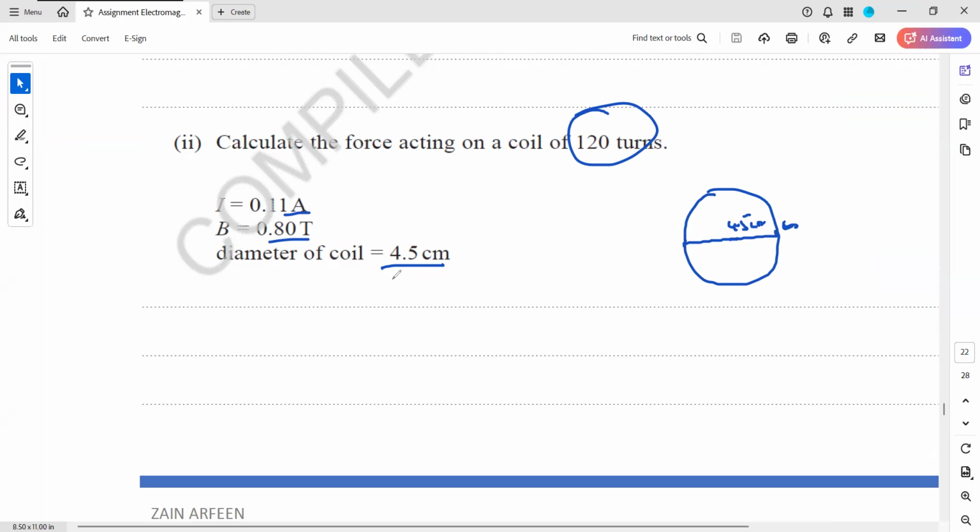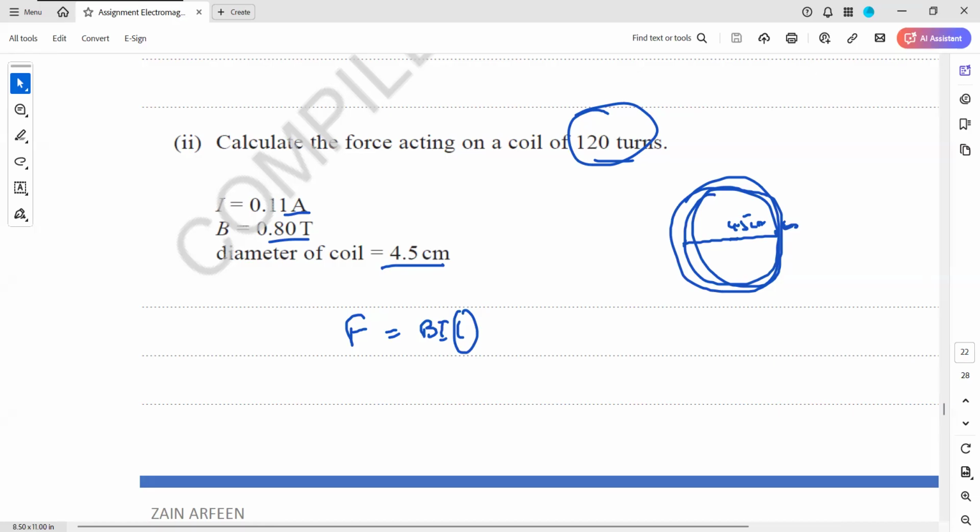The strength of the magnetic field and current are given, and 120 times it is turned around. So we need the force F = BIL. Now, what length will we take? We have the diameter.